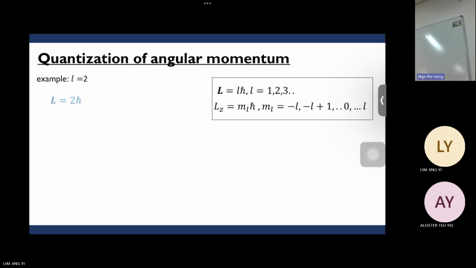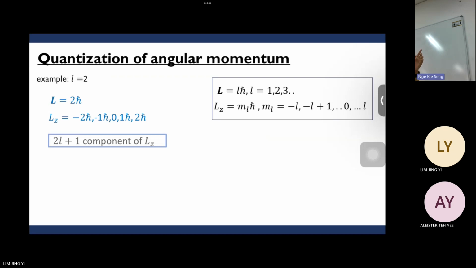Okay, so take for example L equals 2. The orbital angular momentum will be 2 h bar, and then we can write a range of values for the angular momentum along the z-axis.